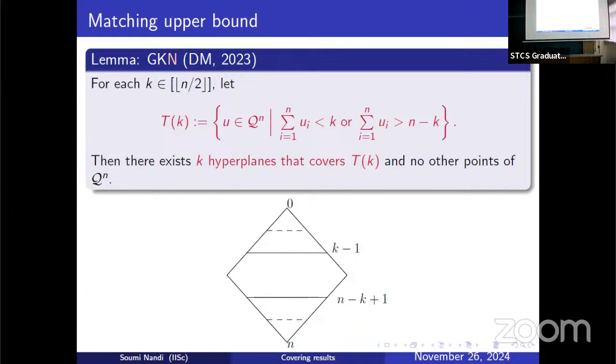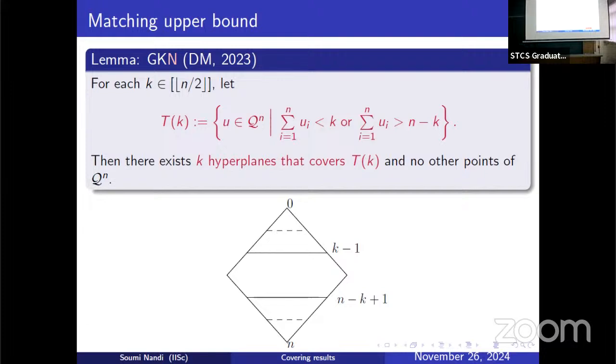Similarly, in the other layers, the number of ones will be at least n minus k plus 1. So whatever point I choose from these layers, there will be at least n minus k plus 1 many common coordinates. So the index of that first thing will start from n minus k plus 1, and using this we can construct these hyperplanes.